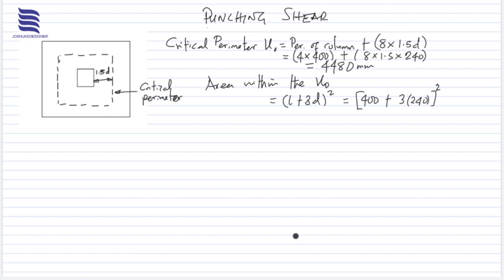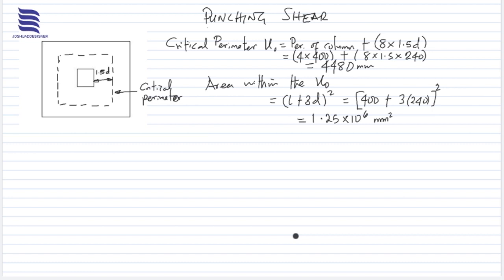And this should give 1.25 multiplied by 10 raised to the power 6 millimeters squared.